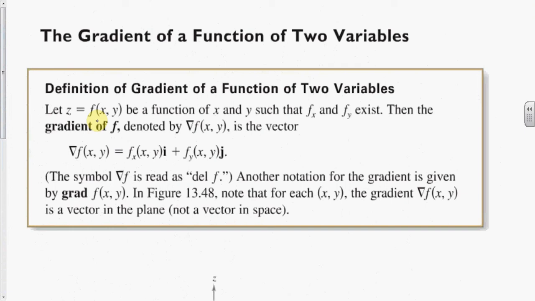Here we just talk about a function of 2 variables. You can expand that to 3 variables and so on. So here we call the so-called gradient, if the partials exist, the gradient of f at the point x comma y, just the partial of f with respect to x times i, plus the partial of f with respect to y times j. So we've been finding these already, so we're just collecting them and giving them a neat name now.